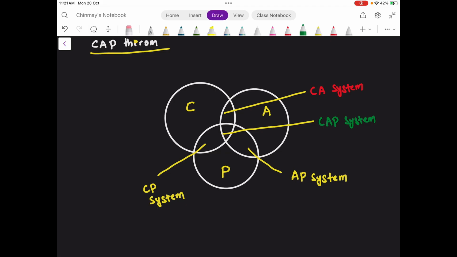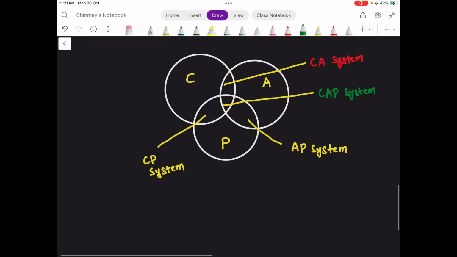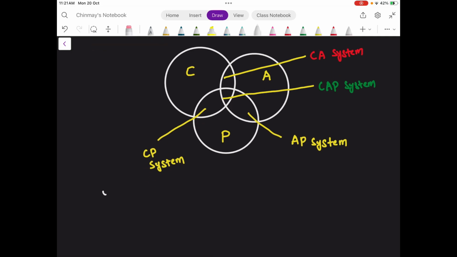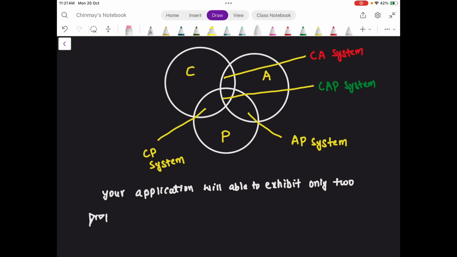Now what the CAP theorem says is that your application will be able to exhibit only two properties at once, not all three properties.